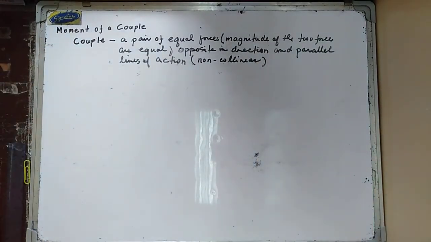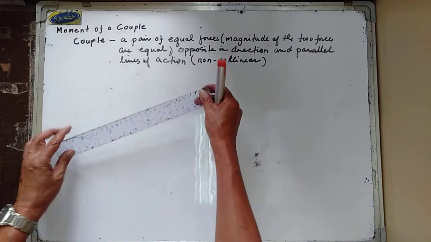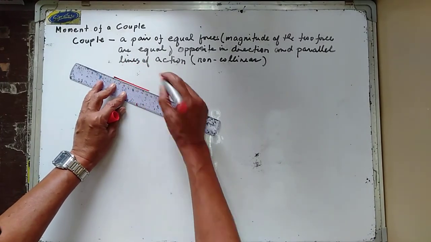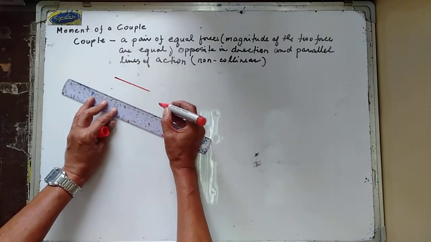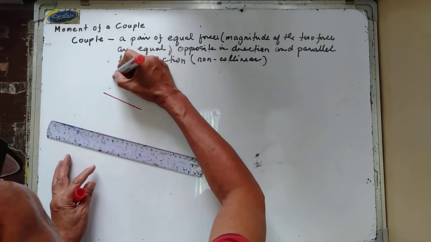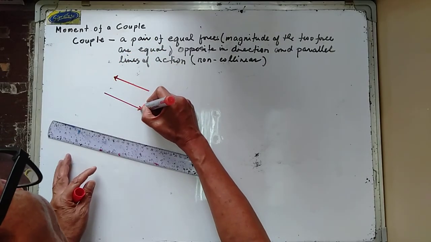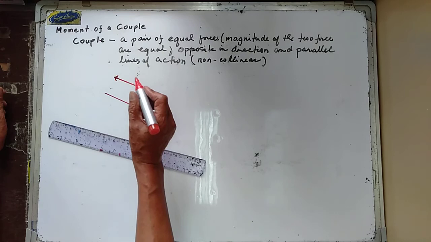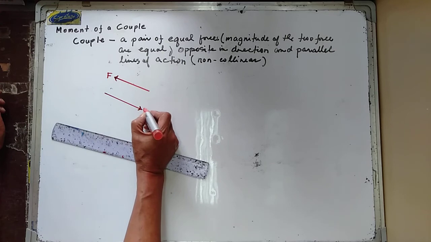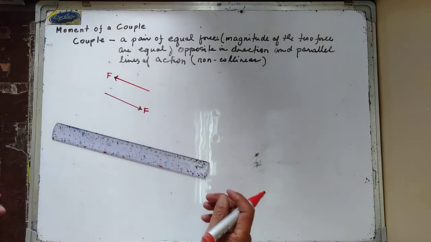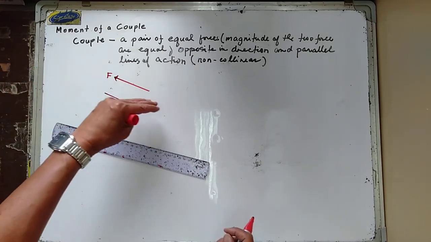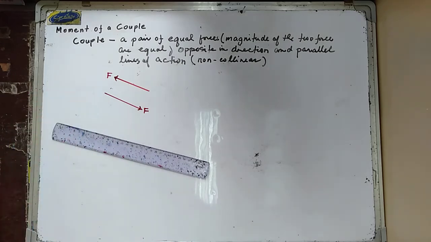If you take a look in here, this is now a couple. So we have the pair of equal forces. If the magnitude of this is F, then the magnitude of this one is also equal to F. They are oppositely directed and their lines of action are parallel.